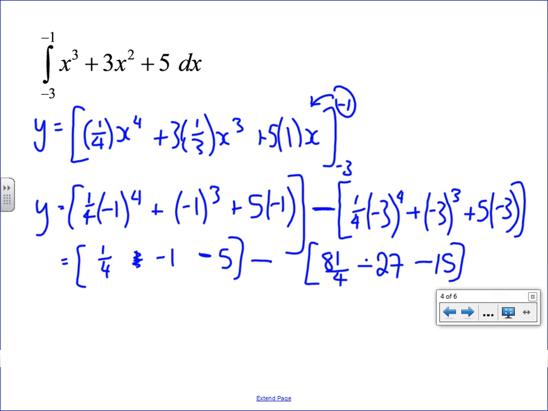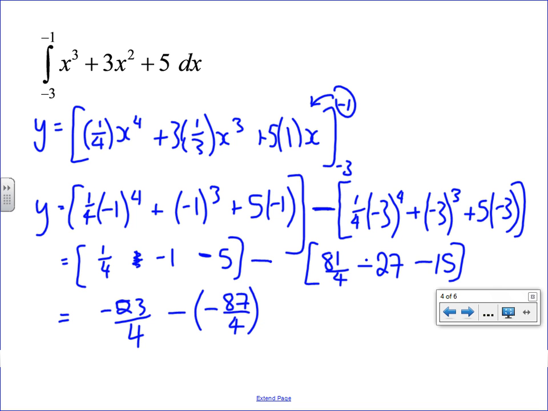Okay, so this one is 1/4 minus 6, which is minus 23 over 4, minus, then that one is 81 over 4 minus 27 minus 15 is minus 87 over 4. Excellent bracket use.